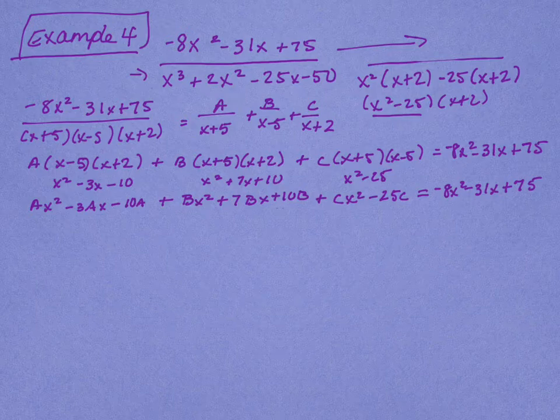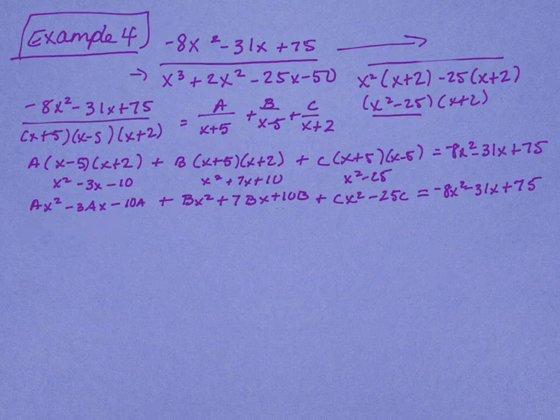Let's get our terms together. We have ax squared plus bx squared, and we have a cx squared. Now let's get our x terms together. We have minus 3a plus 7b. Sorry, I didn't put the x's down. I'm going to actually do this step without having to write it out.